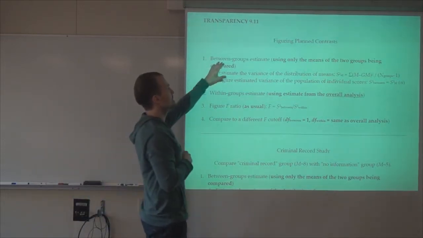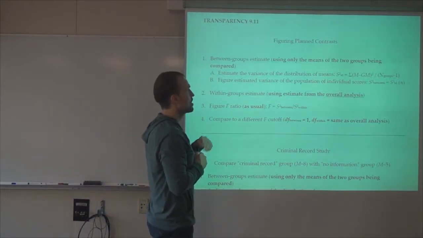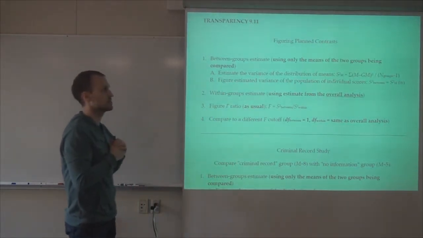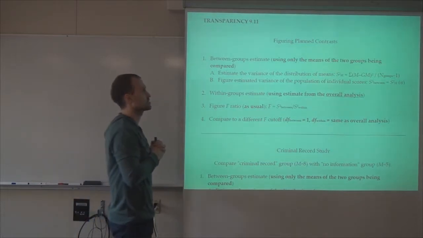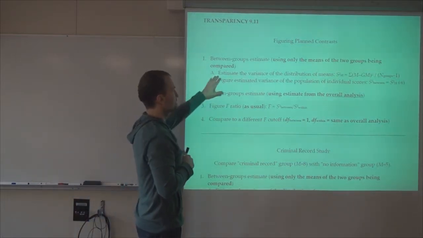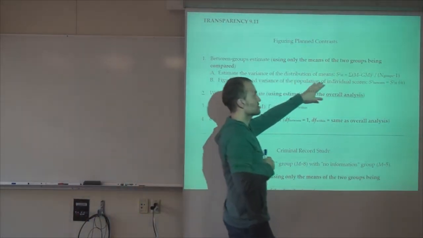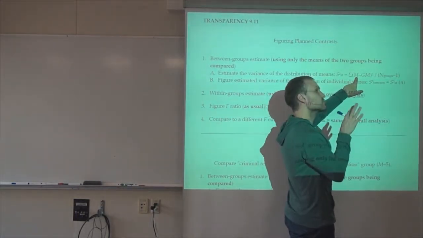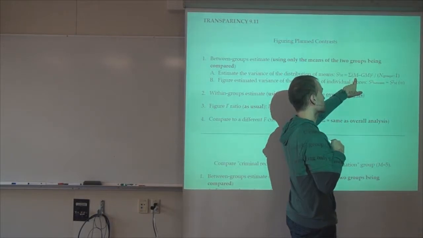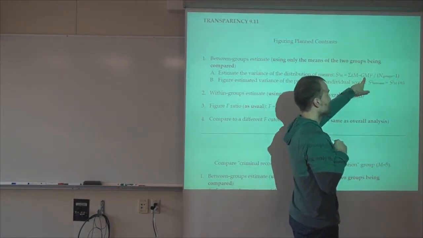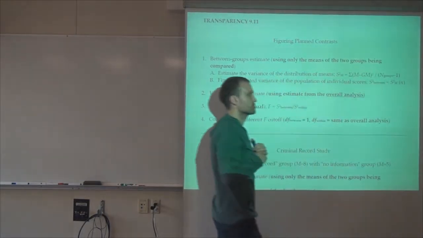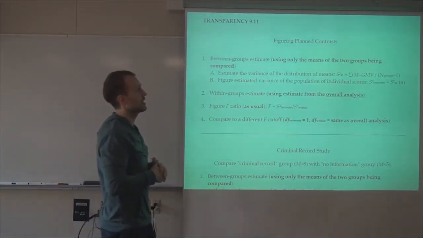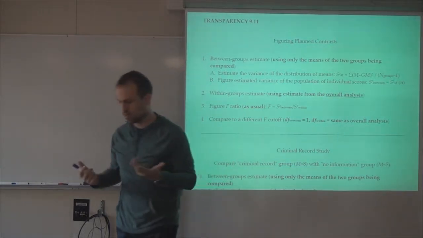So for my between groups estimate, I'm only going to use the means of the two groups that I'm focusing on, that I'm investigating a little more closely. And I estimate the variance of the distribution of means using those two. So I'll just have a little sample of two means. Different grand mean, and the number of groups would be two. But I'm not restricted to that, though that's usually what we do.